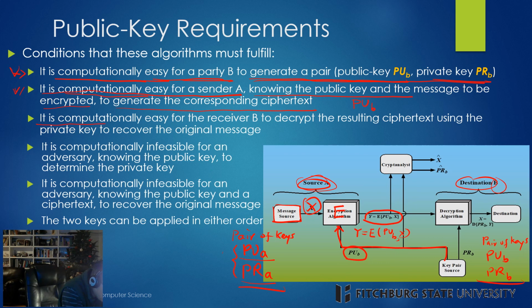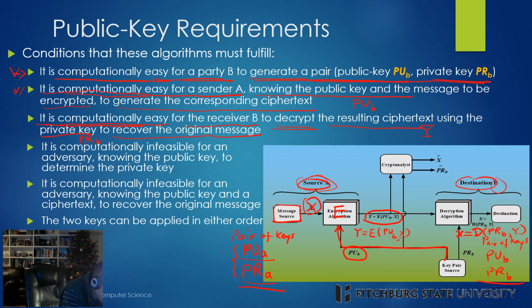Also, it's computationally easy for the receiver B to decrypt the ciphertext Y using its private key PRB to recover the original message. So it should be relatively easy to use the decryption algorithm, knowing the private key of B and the ciphertext, and decrypt the message to restore it to the original plaintext message X.